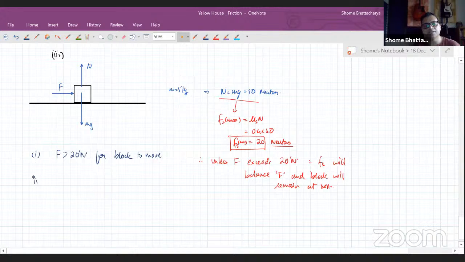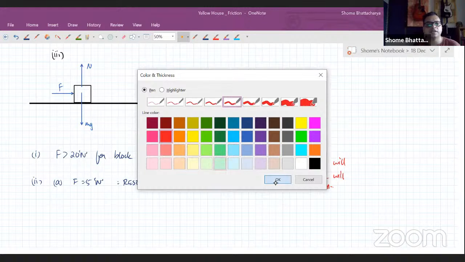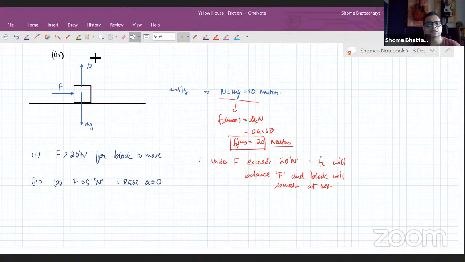Okay. But the second part tells me, for example, that when the force is equal to 5 newtons, the block will be at rest. The acceleration of the block will be 0 because static friction will act in this way now. So the free body diagram of the block will look like this for this part. Static friction is there such that the block's acceleration is 0.